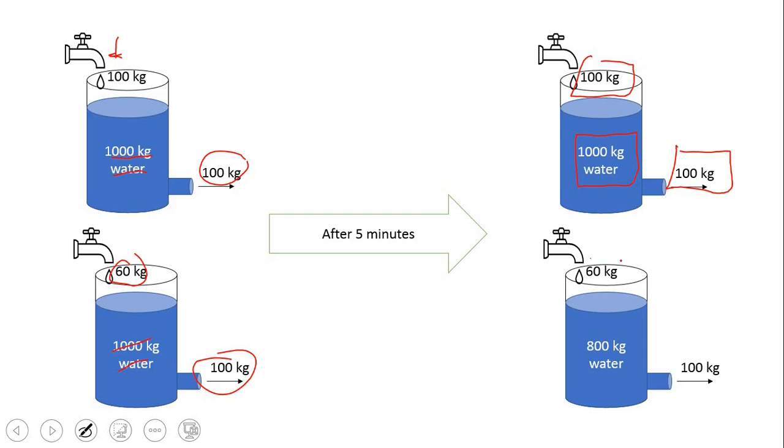However, in the second example, the flow rate is still the same. That's a sign of steady state behavior. However, if we look in the container, we can say there is a consumption of the amount of water that has happened.